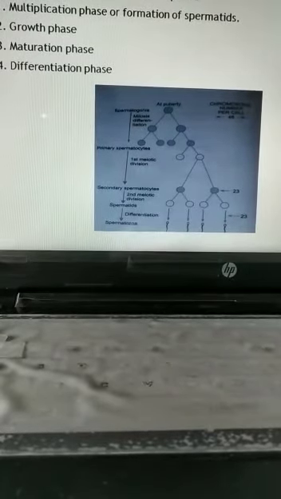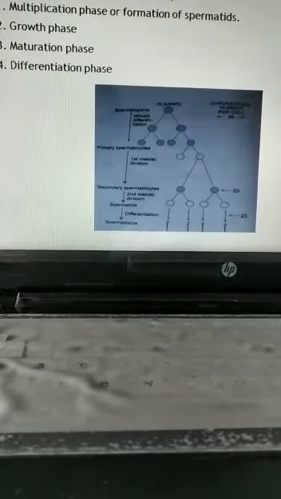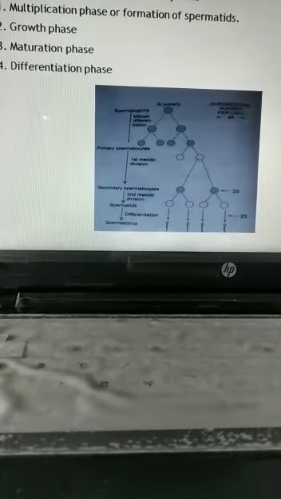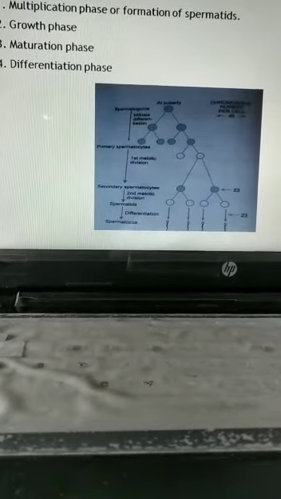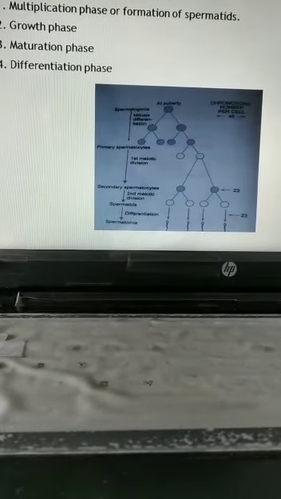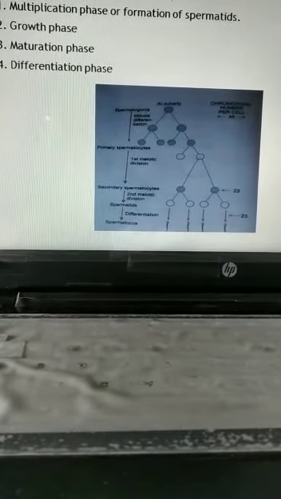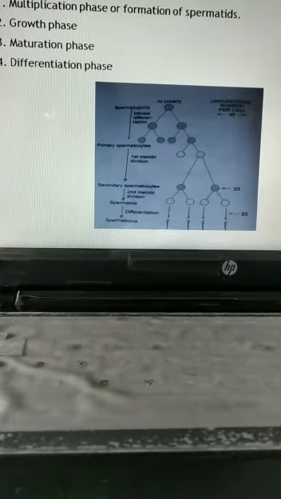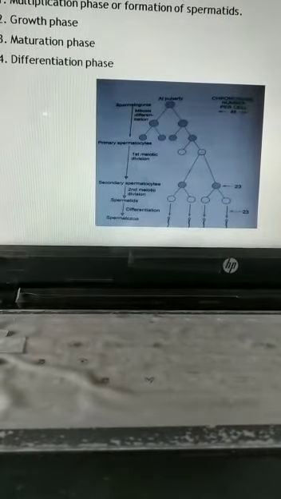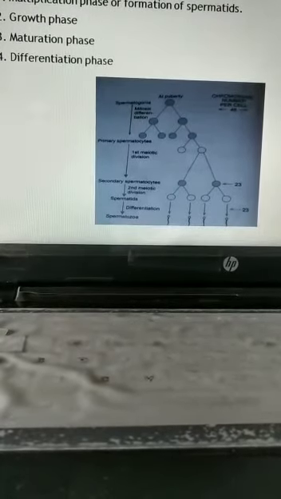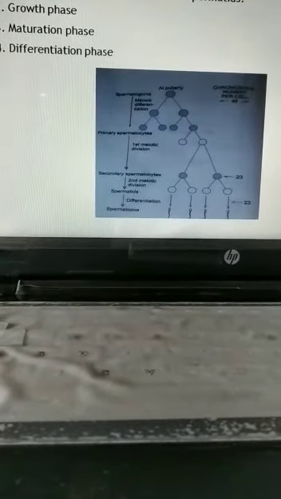Third is the maturation phase or formation of spermatids. Primary spermatocytes periodically undergo meiosis. A primary spermatocyte completes the first meiotic division, that is a reduction division, leading to the formation of 2 equal haploid cells called secondary spermatocytes.